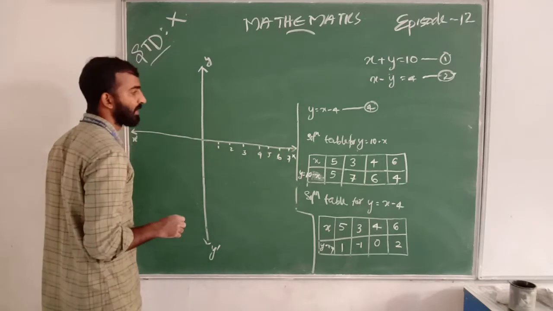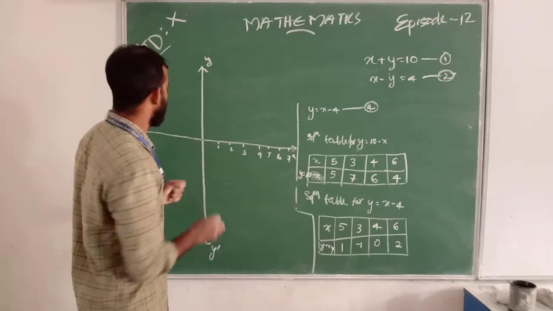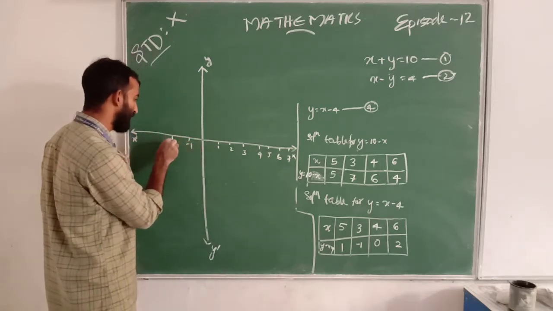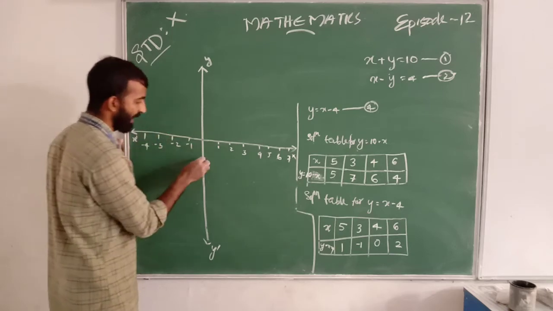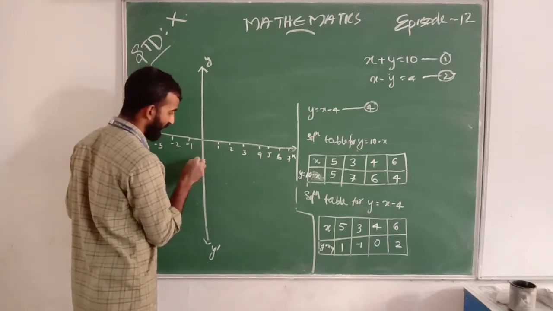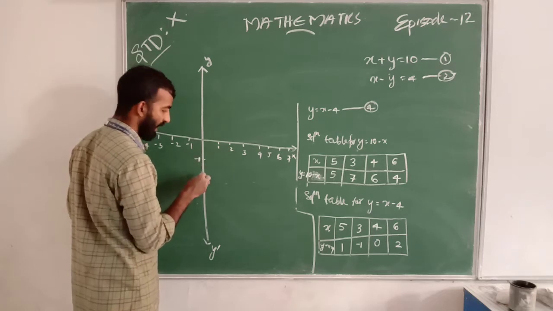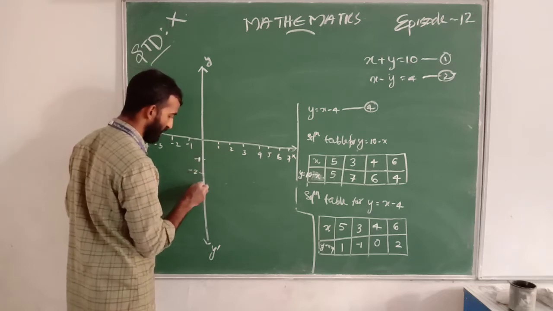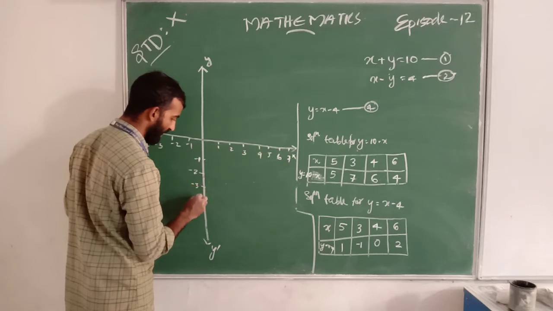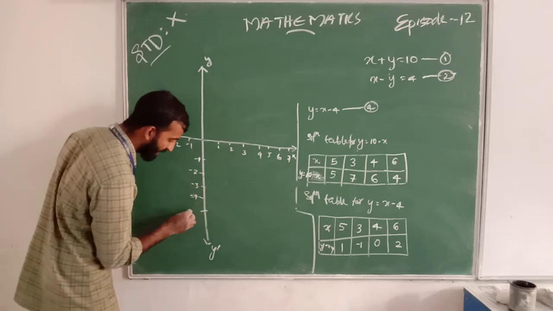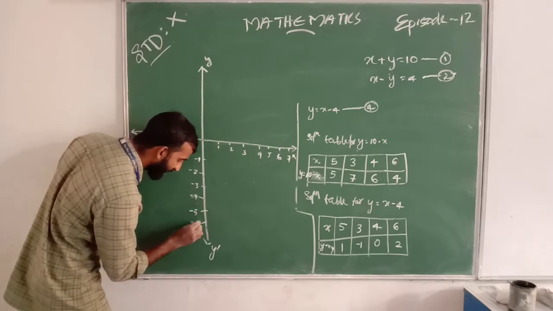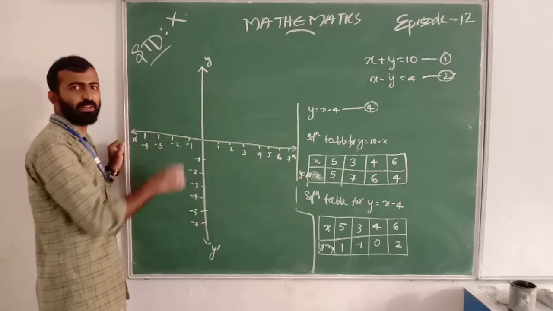And next, here is negative 1, negative 2, negative 3, negative 4, and here negative 1, negative 2, negative 3, negative 4, negative 5, negative 6. These are a rough figure.